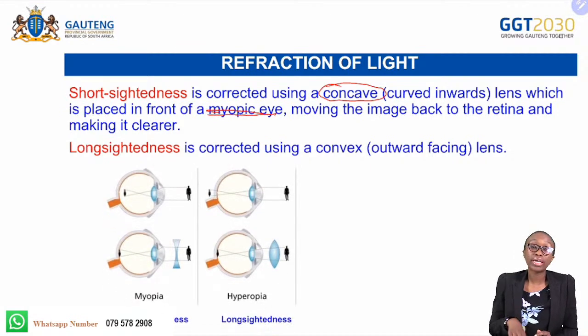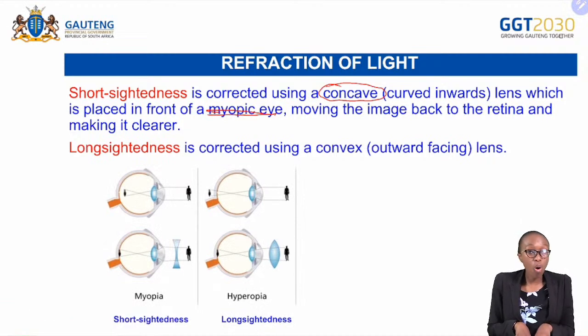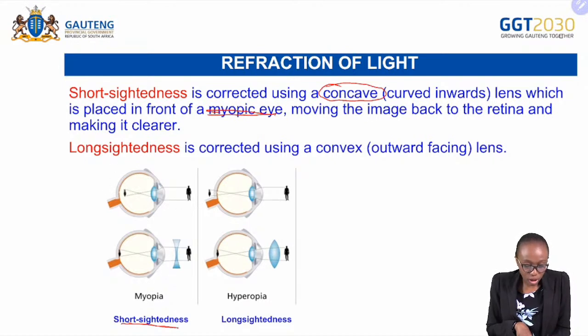So I've got a picture here of how eyesight can be corrected using a lens. We'll start off with short-sightedness. So this is someone suffering from short-sightedness. You see where the focal point is. The focal point is before the retina.